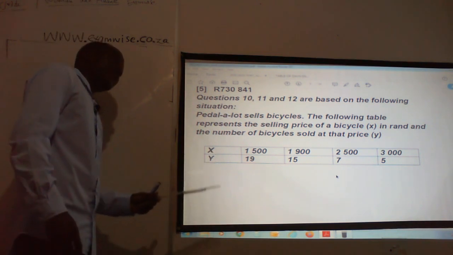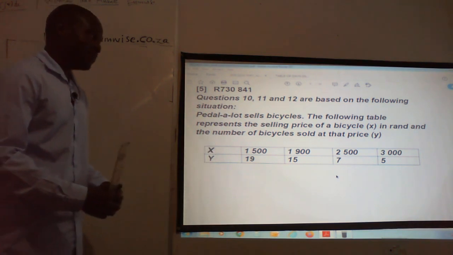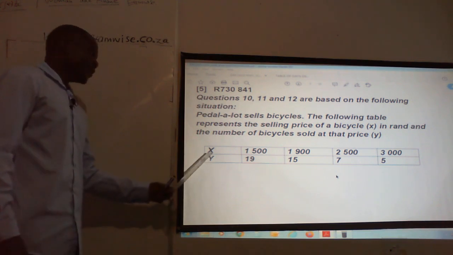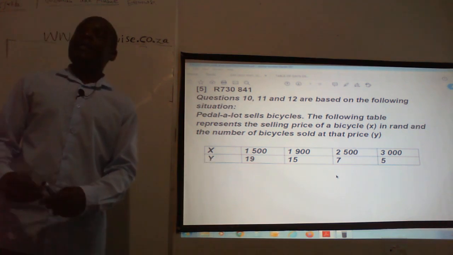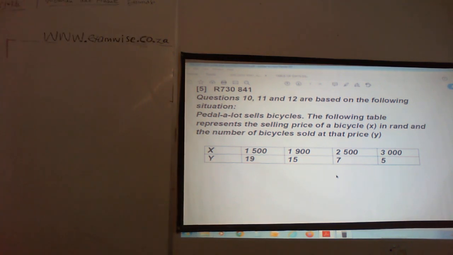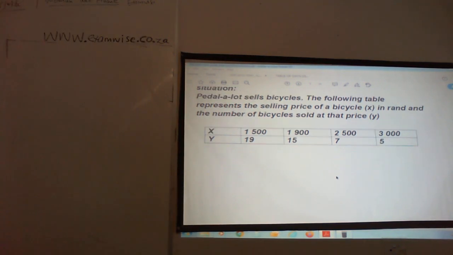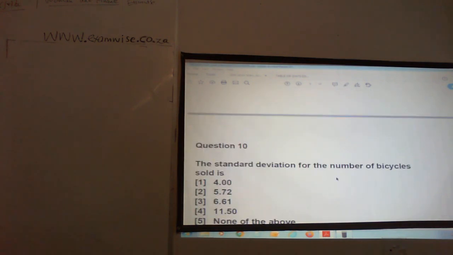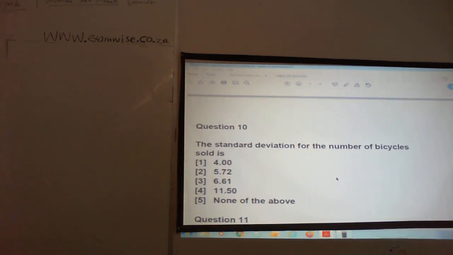So here we are having X. X is our selling price per bicycle, and Y represents the number of bicycles sold at that price. So let's go to question number 10.